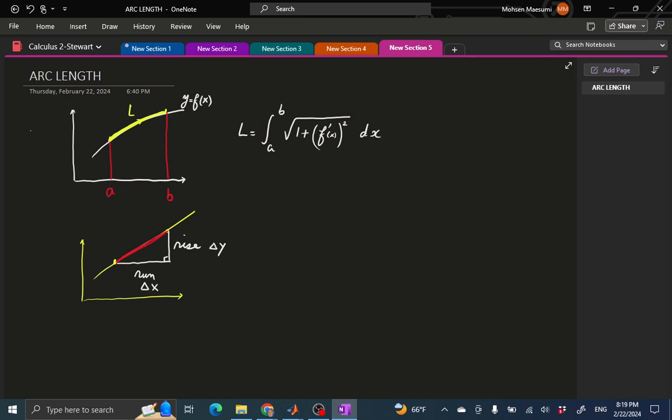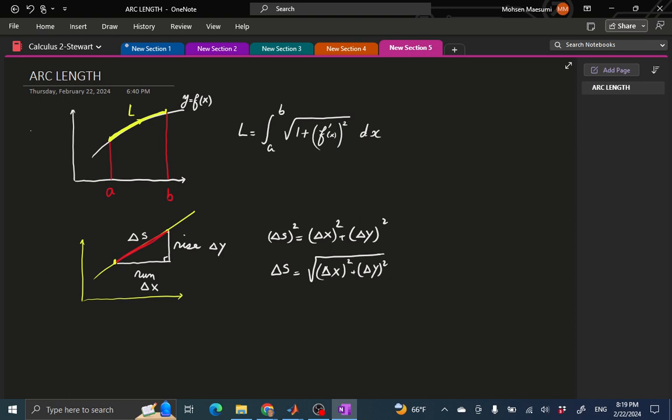Typically this one is shown by delta s or whatever you wish. So delta s, the hypotenuse by the Pythagorean theorem, is: you calculate rise and run, square them, add them up, and the length will be the square root of delta x squared plus delta y squared.